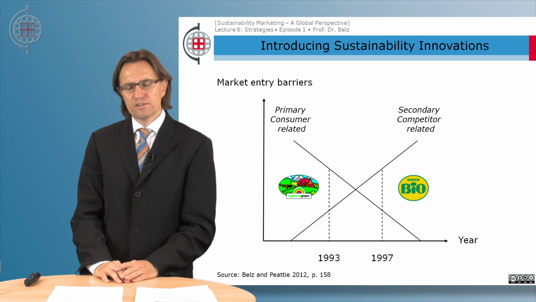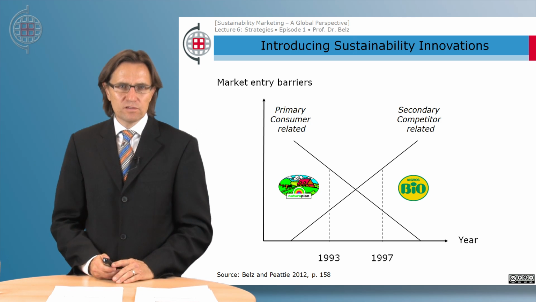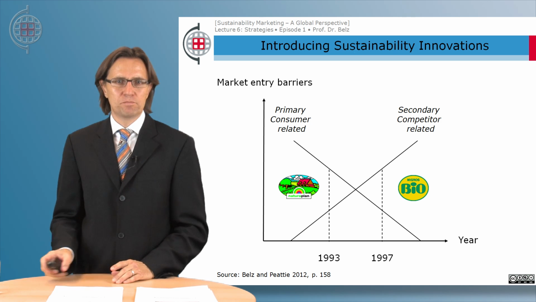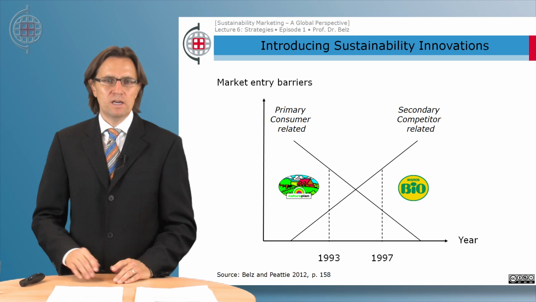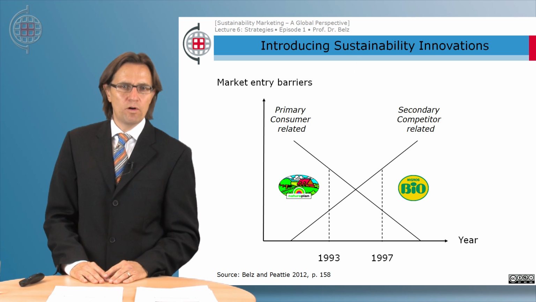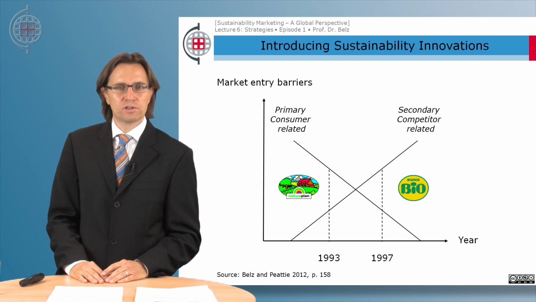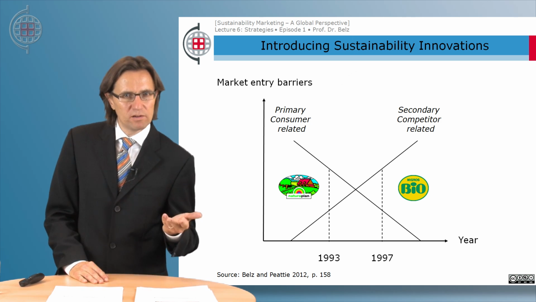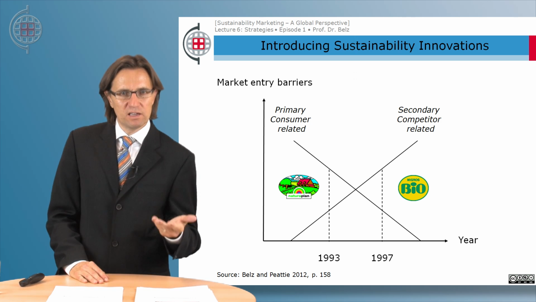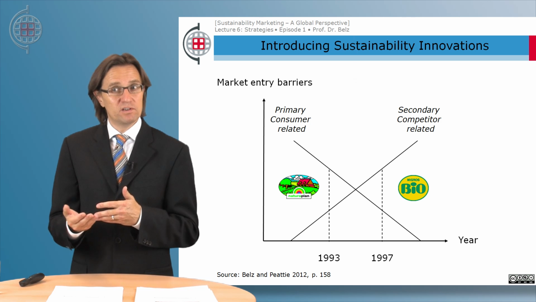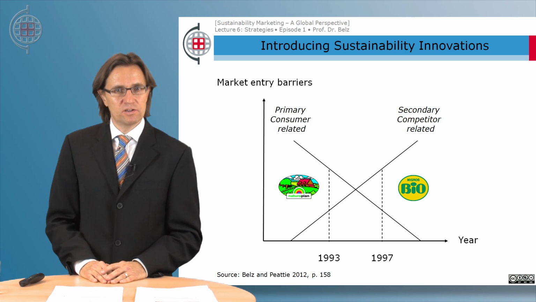Consumer related means that consumers don't know about it yet. Take, for example, organic food products. In 1993, Coop, one of the largest retailers in Switzerland, introduced a large assortment of organic food products. At that period of time, consumers didn't know about it. They didn't know what organic agriculture means, and they didn't know about the Bio Suisse label for organic agriculture.